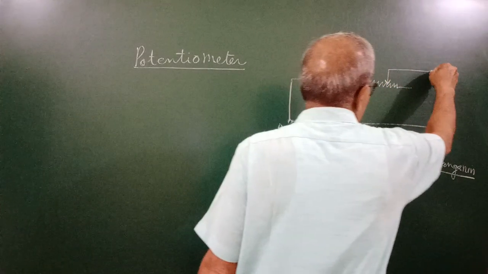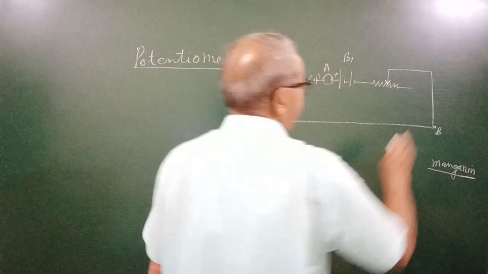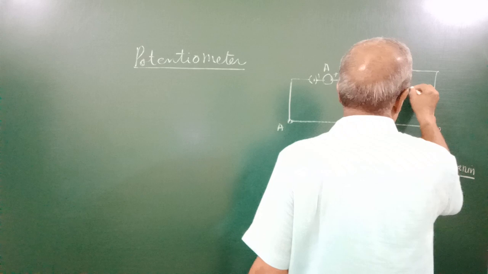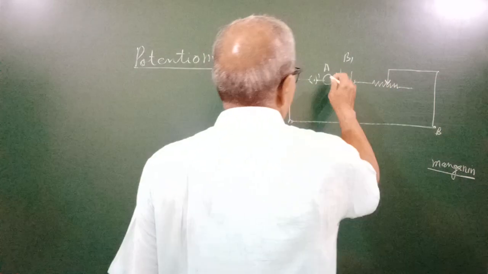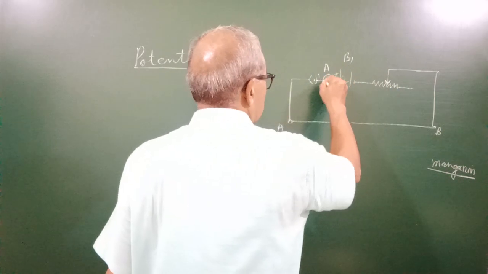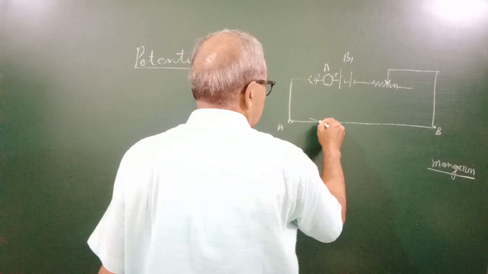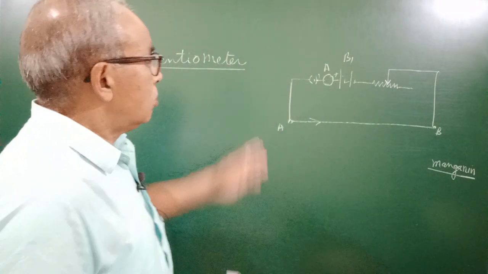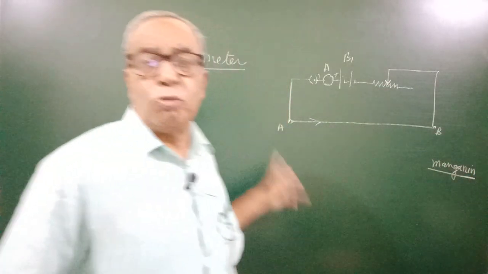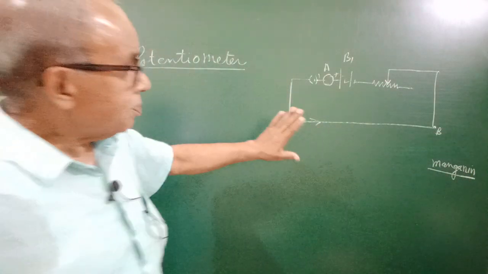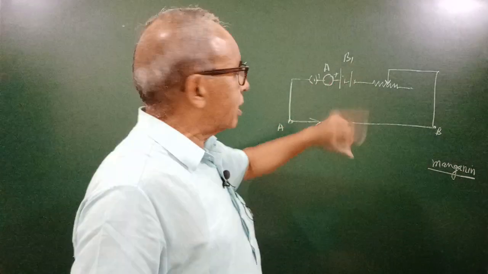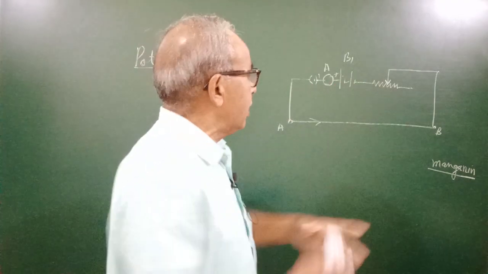The rheostat here acts as a current divider. When we close this key, a certain current I flows across wire AB. This whole thing is the active potentiometer: the battery B1, the ammeter connected to measure current, the key and the rheostat.